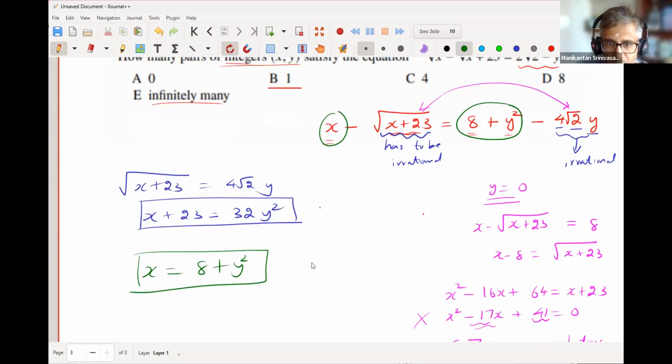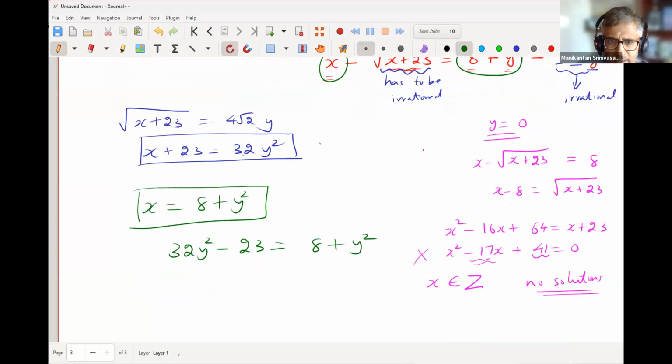We can eliminate x by subtraction. So x is 32 y square minus 23 from the previous step, which should match 8 plus y square. Which means 31 y square equals 31, which means y is plus or minus 1.